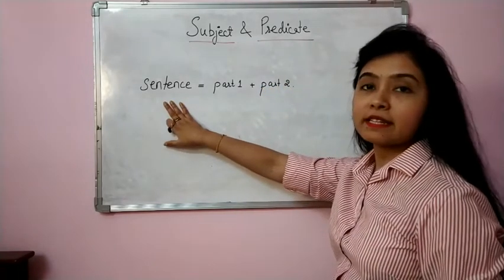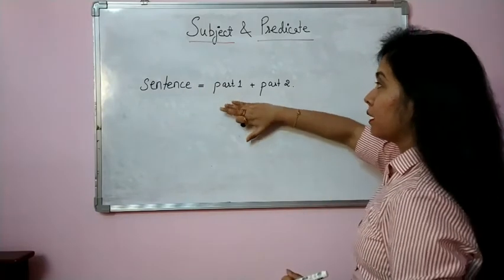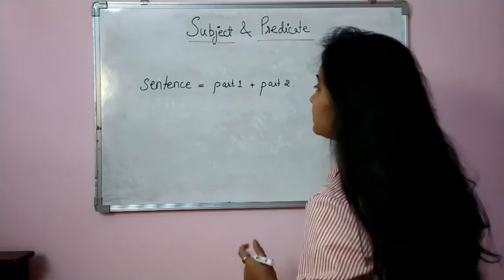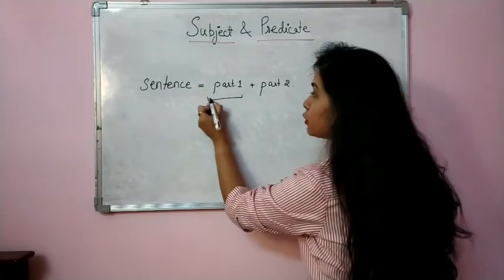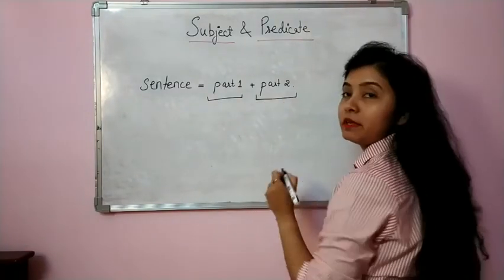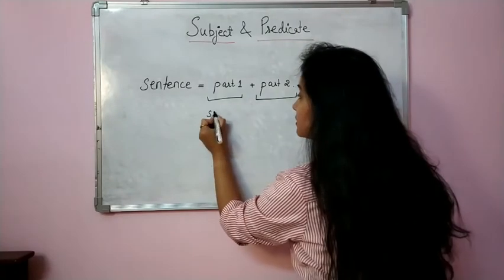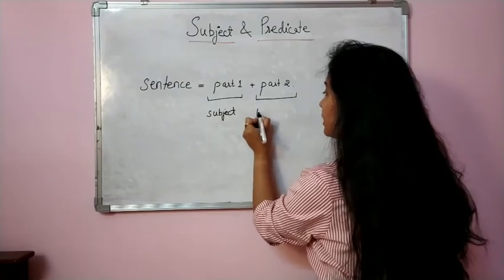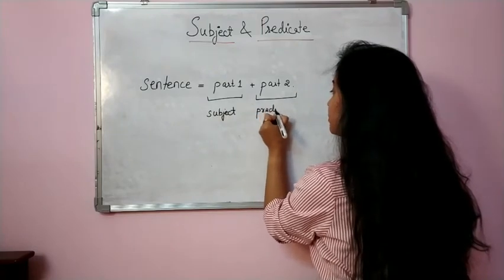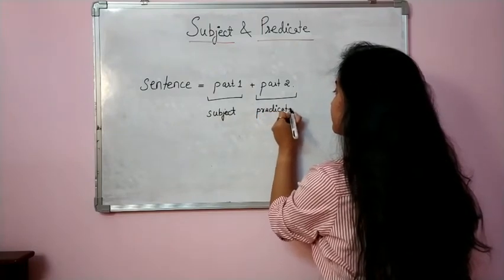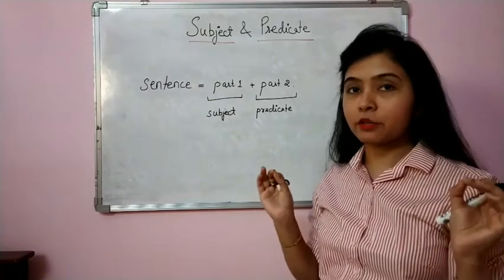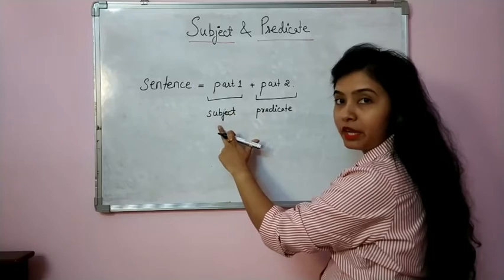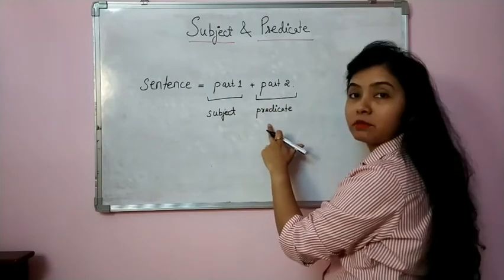Now every sentence has two parts, part 1 and part 2, and either of the parts can be called a subject and predicate. I told you either of the parts. That means this part can also be called a predicate when this part will become the subject.